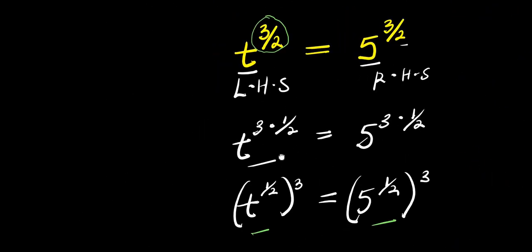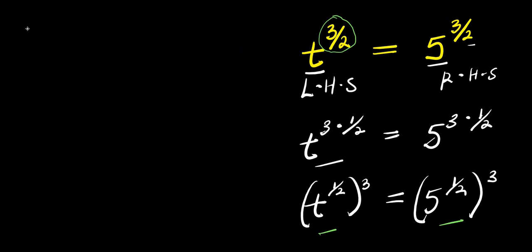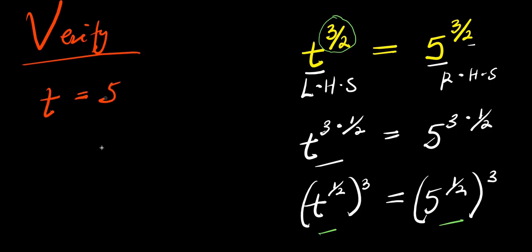Now we can verify if t equals 5. That means t power 3 over 2 equals 5 power 3 over 2.